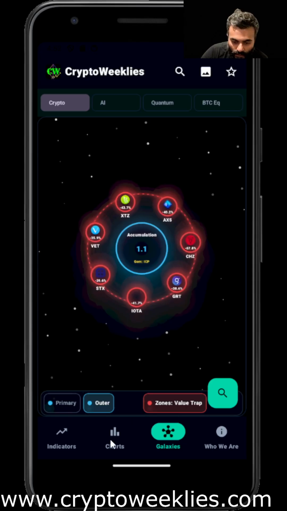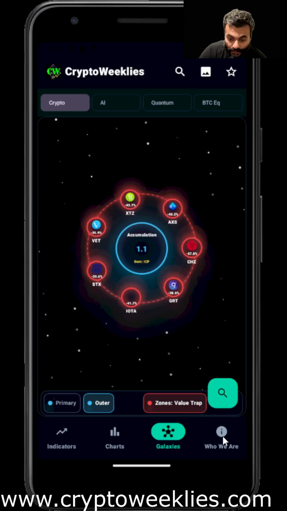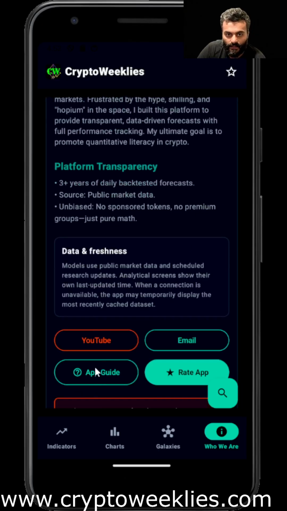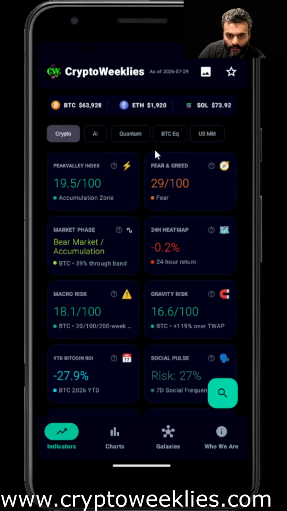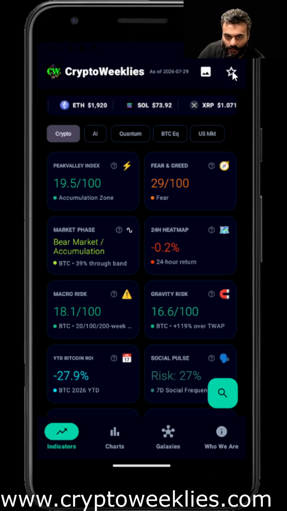These kinds of analytics are all available on your mobile app, on any Android device for that matter, and you can see how this connects to YouTube as well, and the app guides are available there. We do release frequent updates. You can export these analytics using the tier sheet over here.